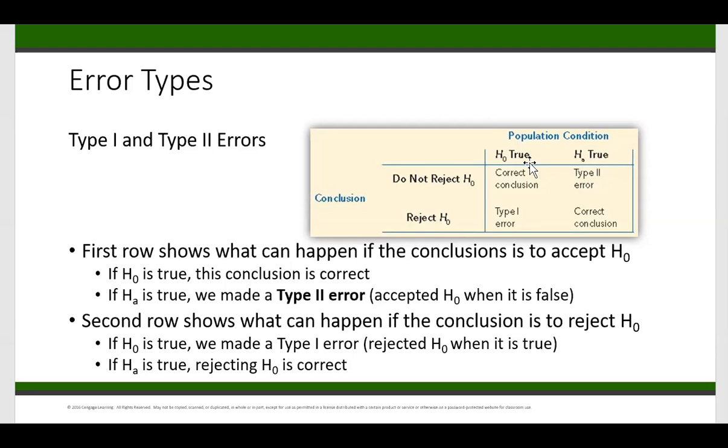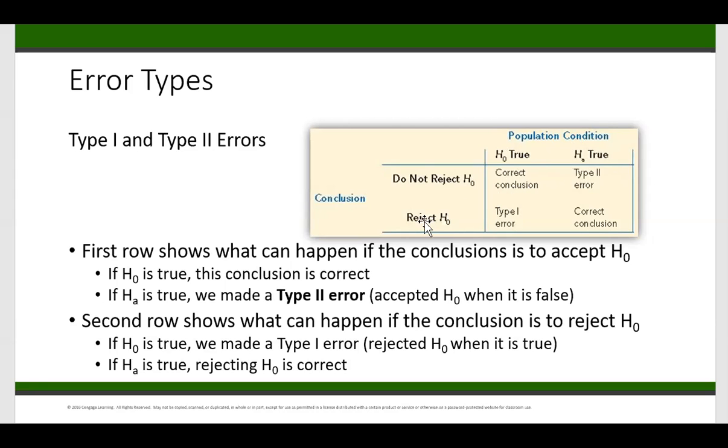Because null and alternative hypothesis, these are two opposite statements. And just one of these two, and only one of these true, and always one of these two should be true about the population parameter that we're testing about, all right? So this is the actual truth about the population parameter.